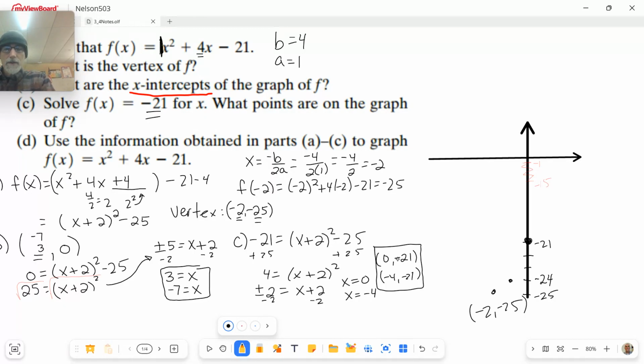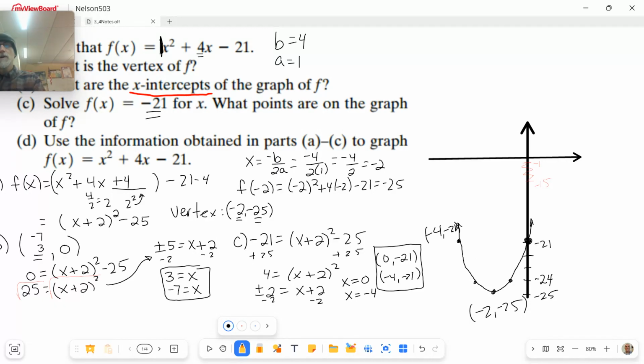Hey, look at that, (0, -21). That's my y-intercept. And then there's this axis of symmetry. So if I go 2 to the left of our axis of symmetry, this would be (-4, -21), right? So let's put another point right there for that symmetric point. And then let's see if we can connect them and make our parabola look like that.